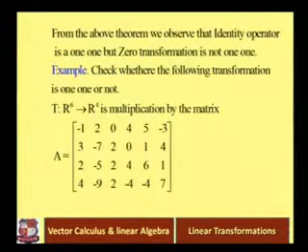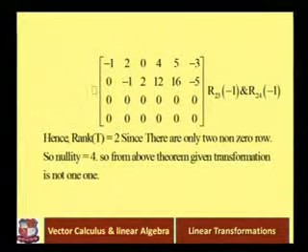Here is an example: T from R6 to R4, which is multiplication by the matrix. This matrix is the standard matrix for the given transformation, 4 cross 6. We have to check whether the given transformation is 1-1 or not. So we convert this matrix into row echelon form, and in row echelon form there are only two non-zero rows.